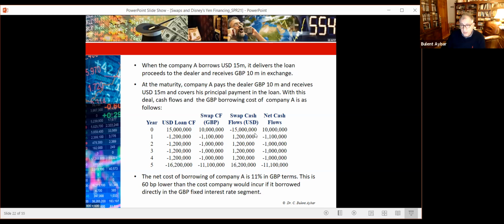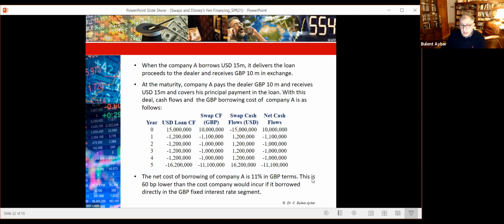As you can see, all of the dollar payments are offset. So what is left in net terms is these British pound payments. The company effectively received 10 million British pounds, made an 11% interest payment throughout the loan period, and eventually pays the principal back. So the company's cost of borrowing in British pounds is 11%.